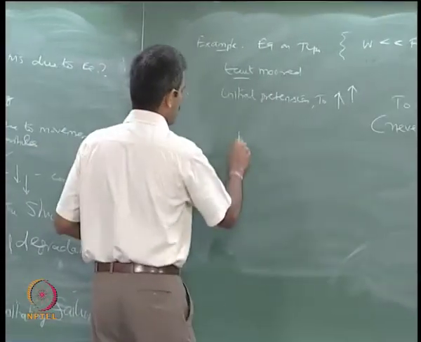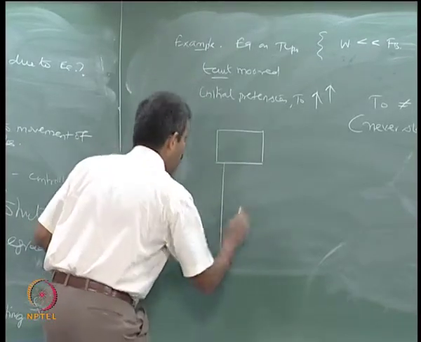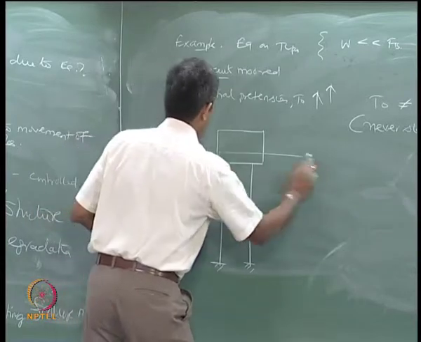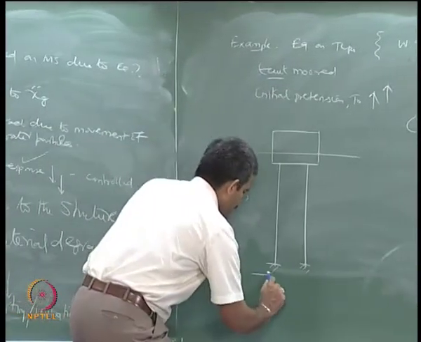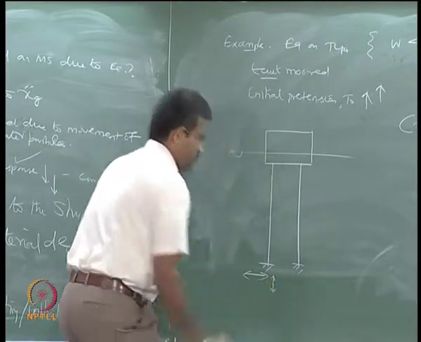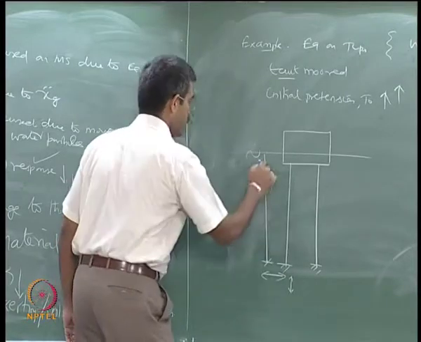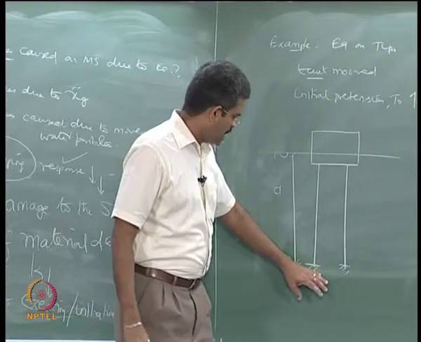Interestingly, look at the problem here. I have a structure which is supported by cables or tethers, and the earthquake is happening here, and this is the water body. So how is this force getting transferred to the superstructure?